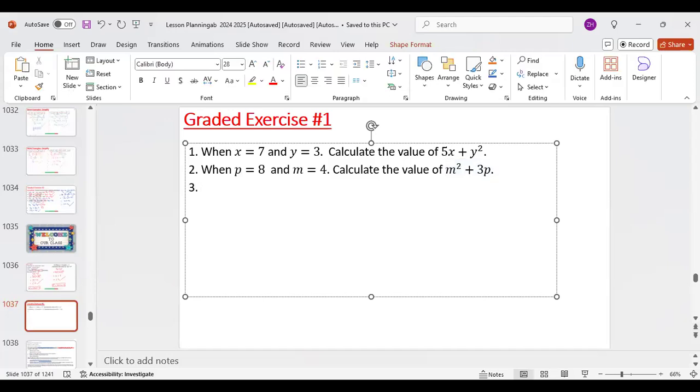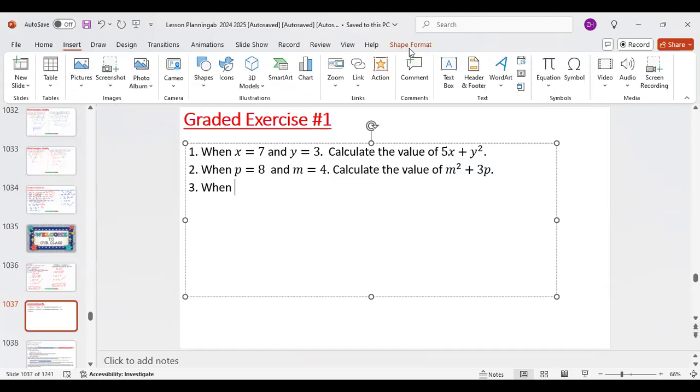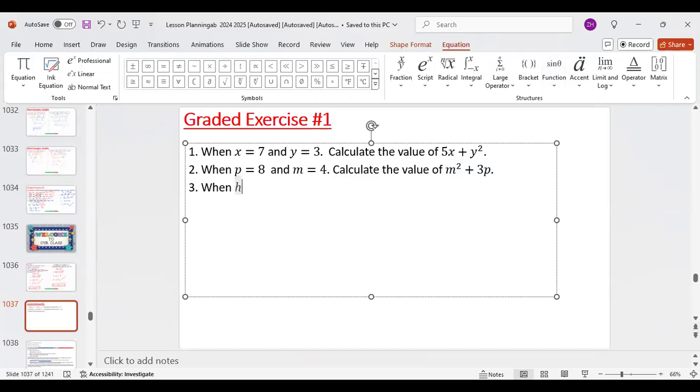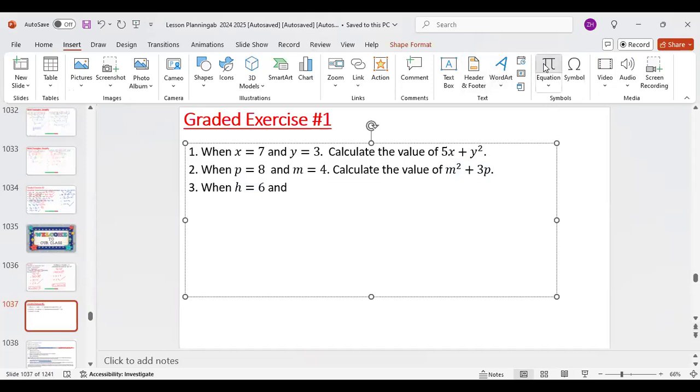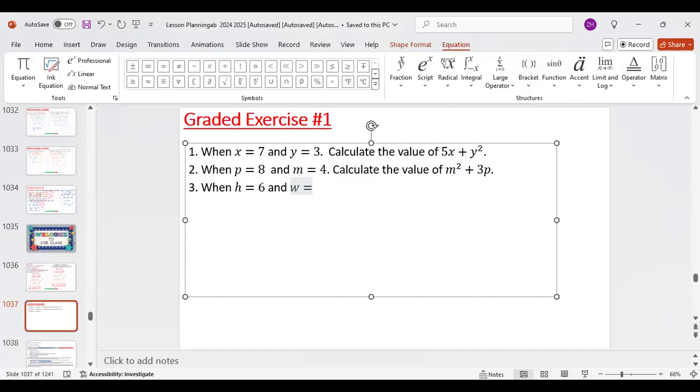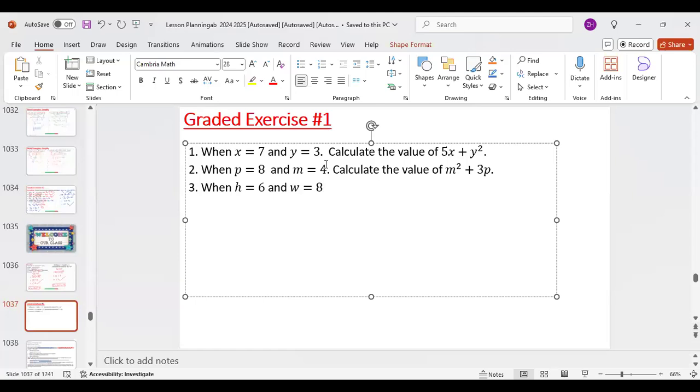Number 3. When h is equal to 6 and w is equal to 8, that's so interesting.